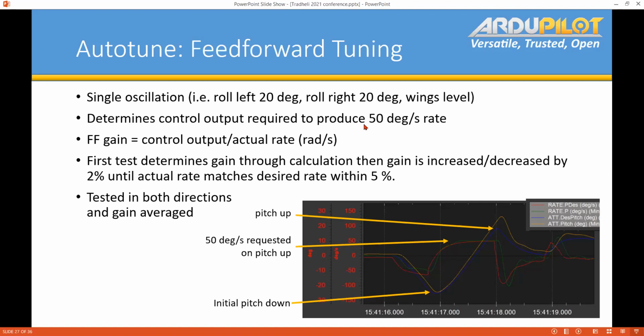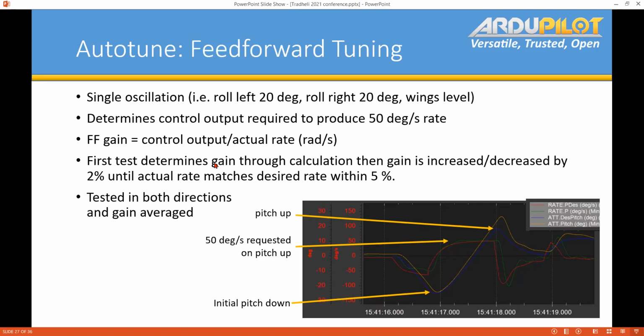You look at the roll rate it produced, and you take the control output, essentially R out from the motors library, and you divide the actual rate into that in radians per second. You can come up with your feed forward gain.